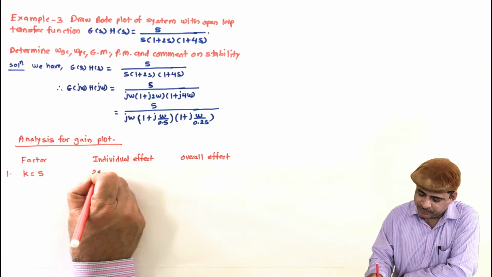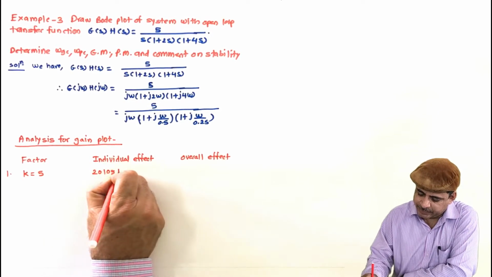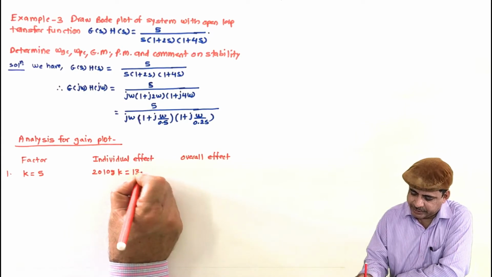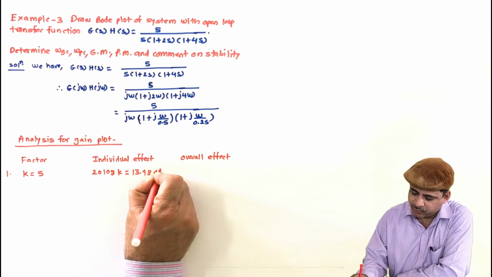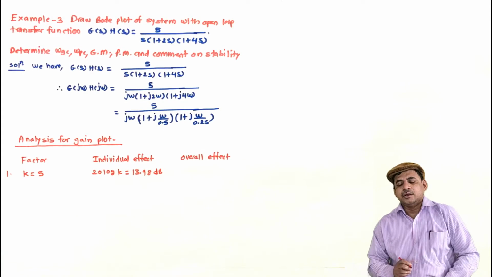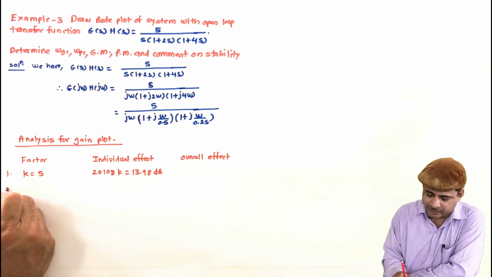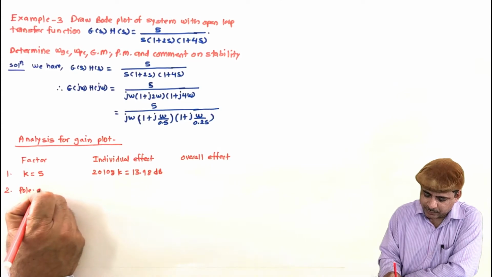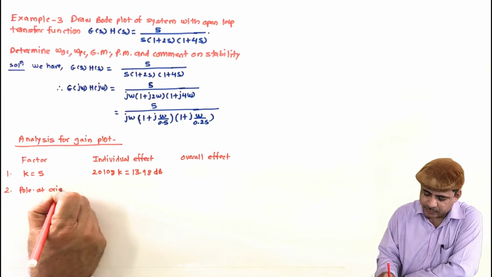Its effect is 20 log K, that is equal to 13.98 dB for all omega. The next factor is the pole at origin.